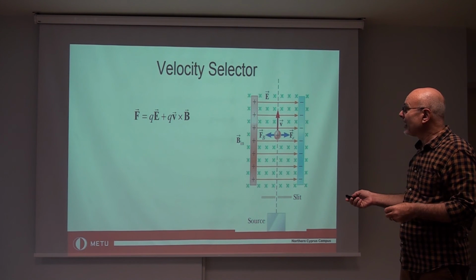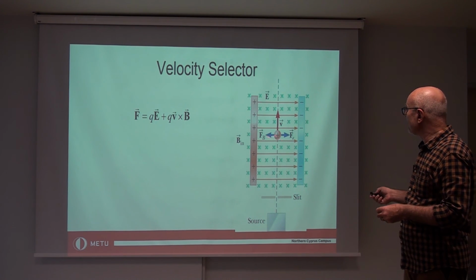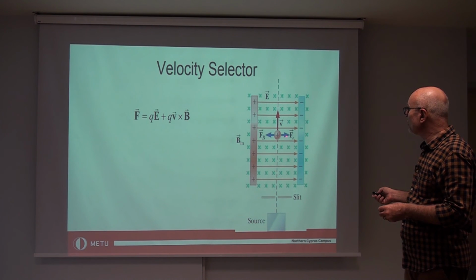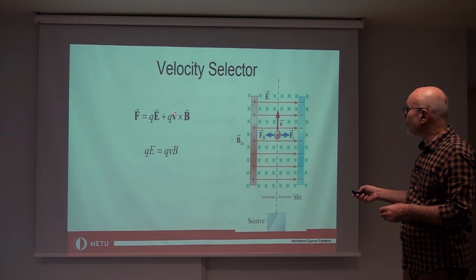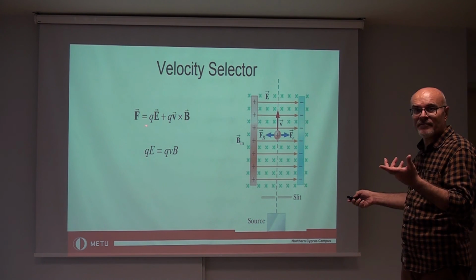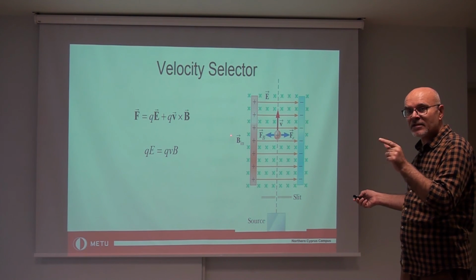This is the expression, as a magnitude, of course, because the angle between V and B is pi over 2, so the magnitude of the magnetic force will be just QVB.